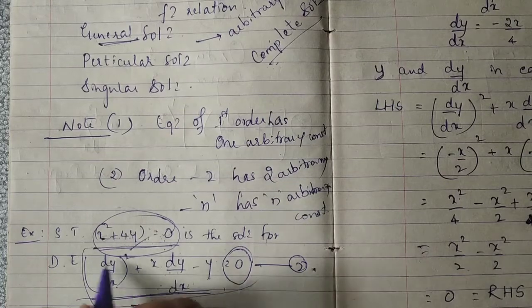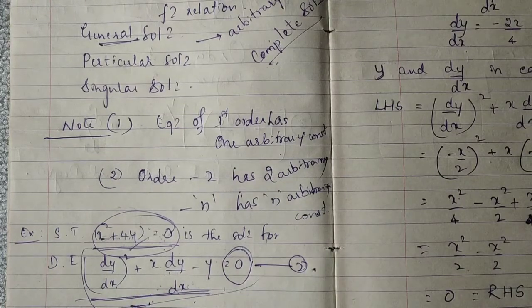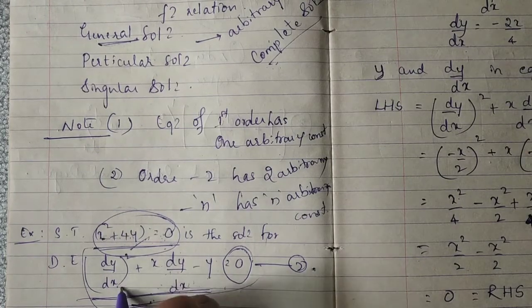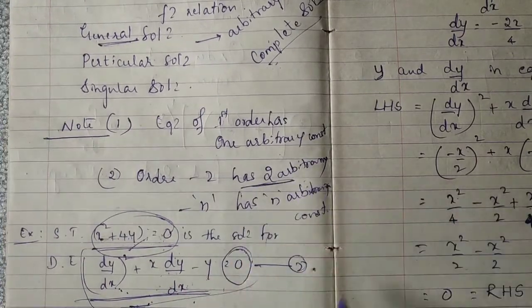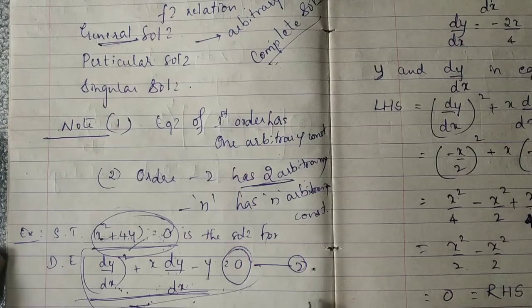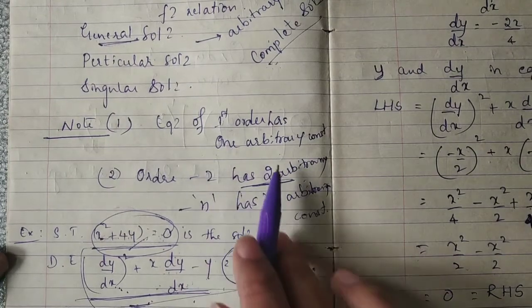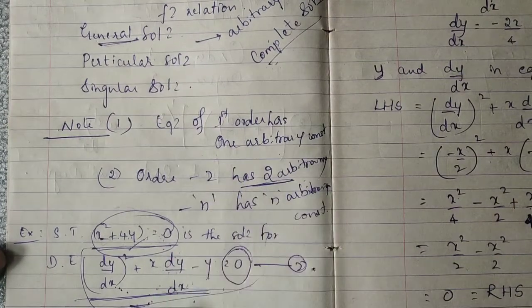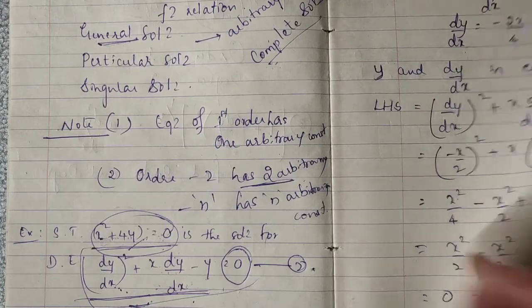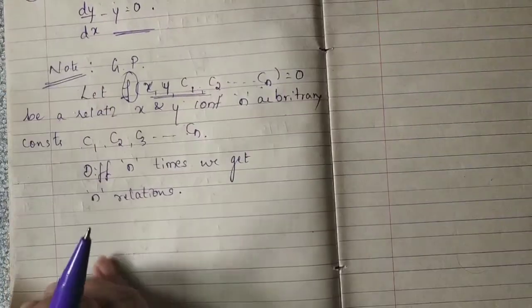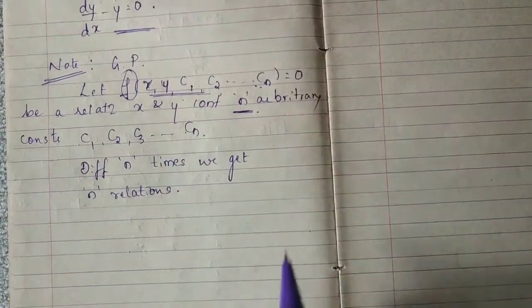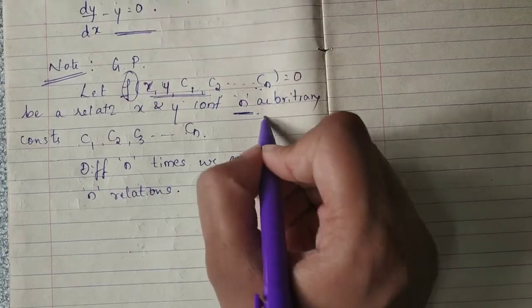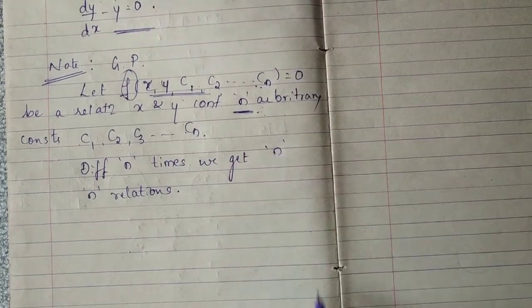This differential equation is of order 2, right? This order 2 will have two arbitrary constants. Therefore, you will get two relations for this particular differential equation. Similarly, a differential equation of n arbitrary constants will be of order n only.